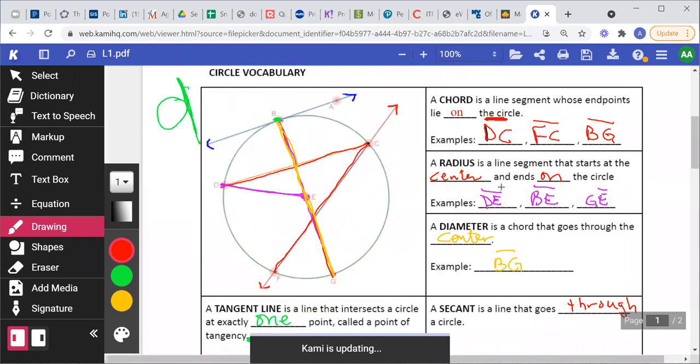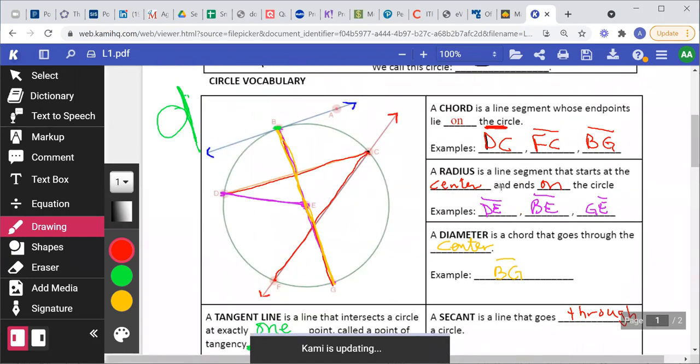So as you can see here, the diameter has its endpoint on the circle. A chord has its endpoint on the circle. But a secant goes beyond the circle, okay? Even though it has 2 points on the circle, it goes beyond. So which of these lines here goes through the circle and then goes beyond it? Which one, Savannah? Okay, FC.